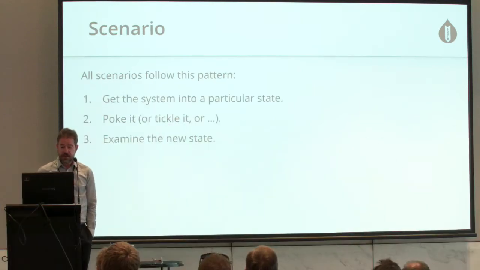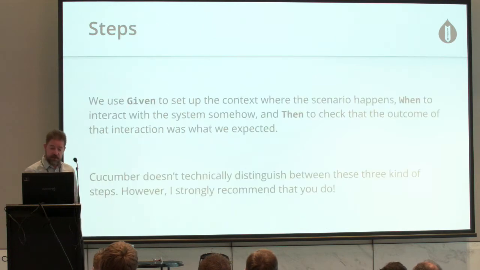A scenario follows this pattern. You get your system in a particular state, like there is a user, or I'm on a homepage. I do something, poke or tickle it, and examine if indeed that state has been reached. So we do that by using steps.